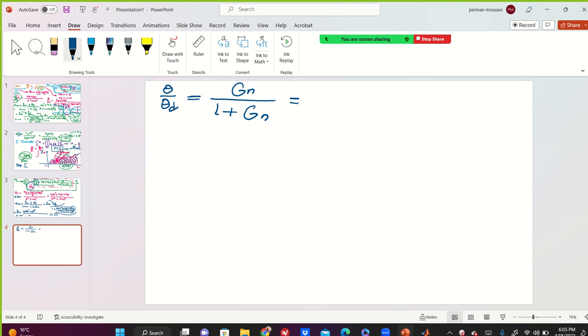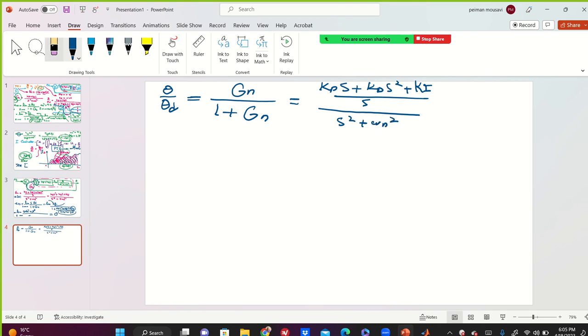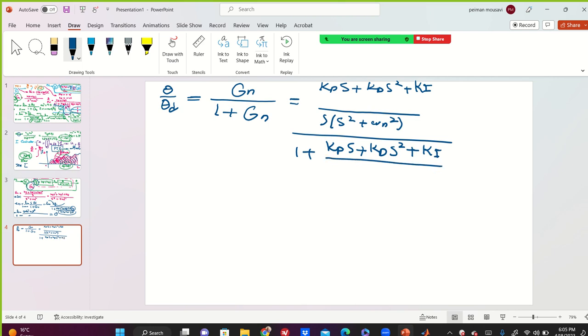So your new G was KP plus KD S squared plus KI divided by S, divided by S squared plus omega n squared, meaning that you can remove this and put it here. 1 plus the same, KP S plus KD S squared plus KI divided by S times S squared plus omega n squared.